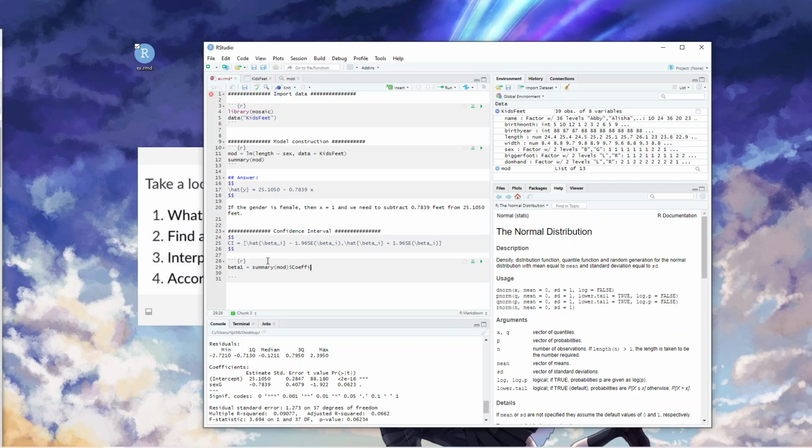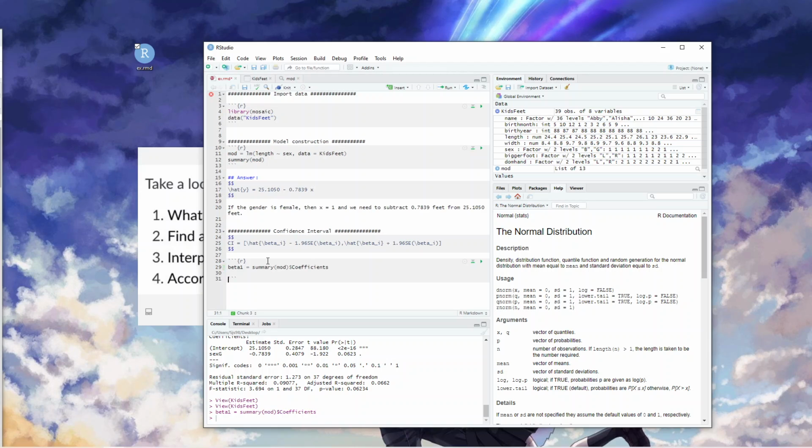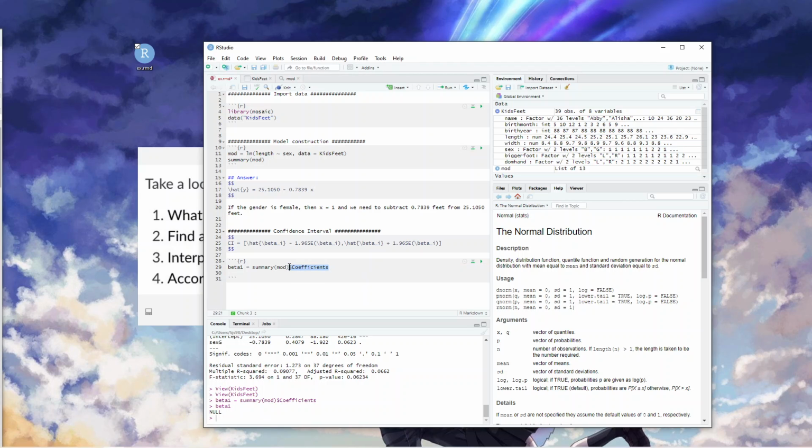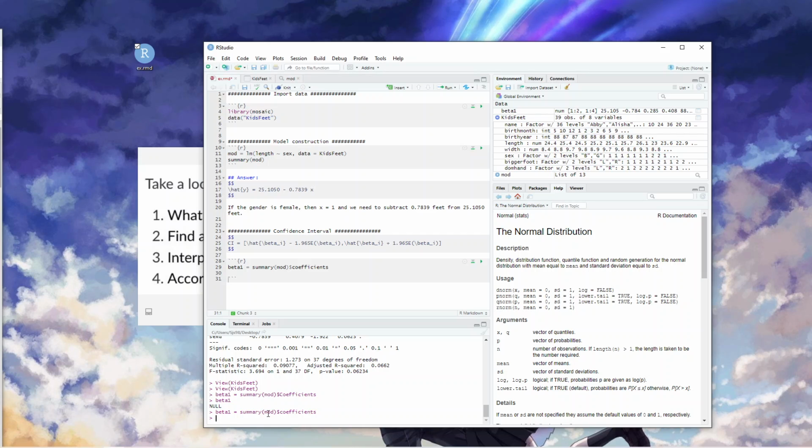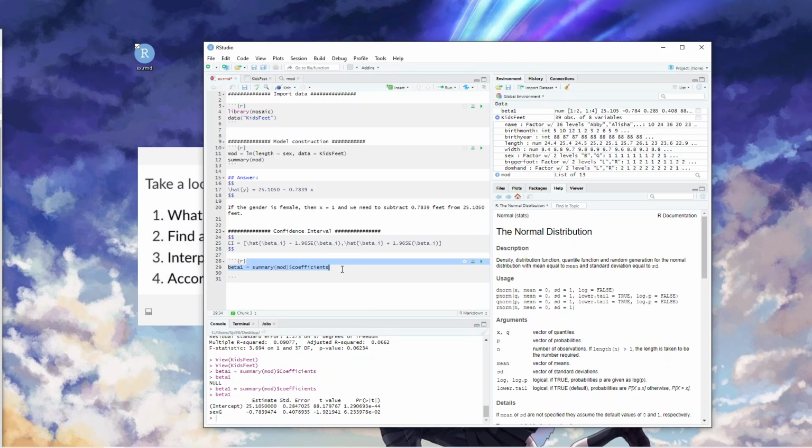Let me see what the output is. Beta 1. Okay, it's null, so I don't think this looks right. Now we have the coefficients, and in the coefficients, I want the data from the second column and second row.